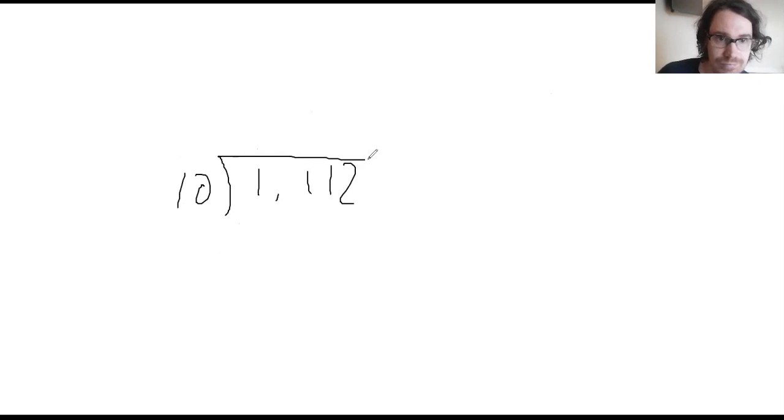What if we do 1,112 divided by 10? 10 doesn't go into 1, but 10 goes into 11 once. So write 10 times 1 is 10. Remainder 1.